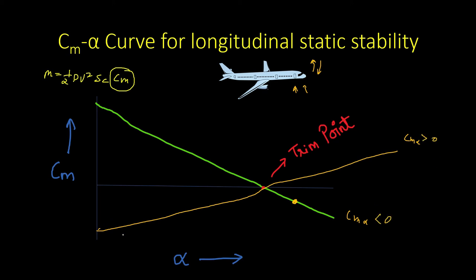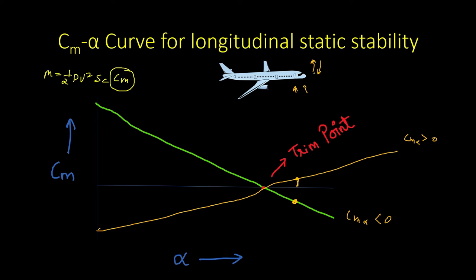So now let us consider a case where the Cm alpha is positive. Now the aircraft is again, initially it was flying in the trim point. Now there is an upward gust of wind and it reaches somewhere here, since the angle of attack has increased. Now what will happen? Because it has a positive Cm alpha curve, there will be a positive moment.